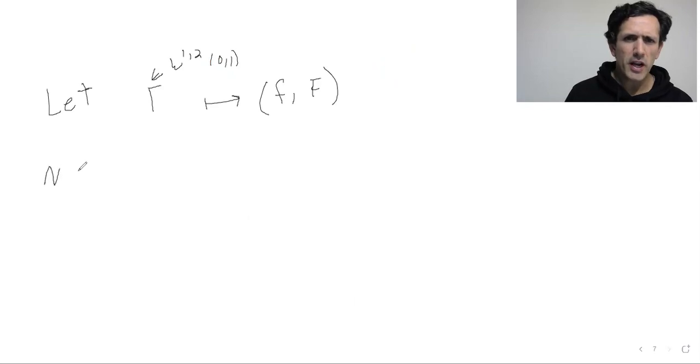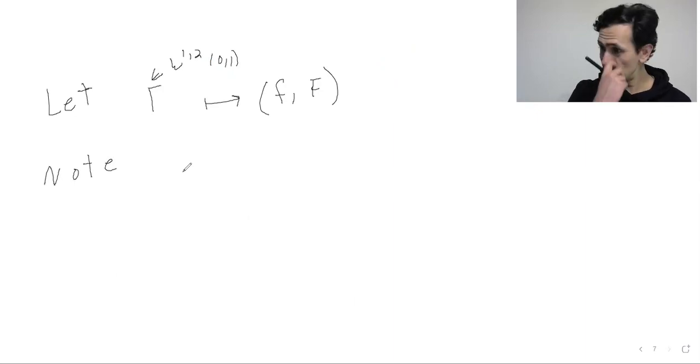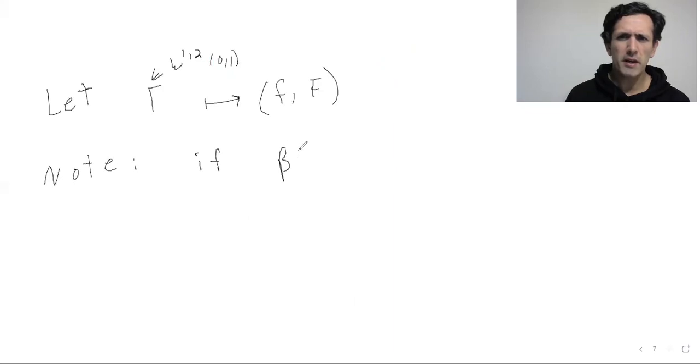And you can check very easily, again, kind of like the homework, just easy taking limits, that if I have, let's say, a beta, I don't know why I call it beta, but for lack of anything better to call it.